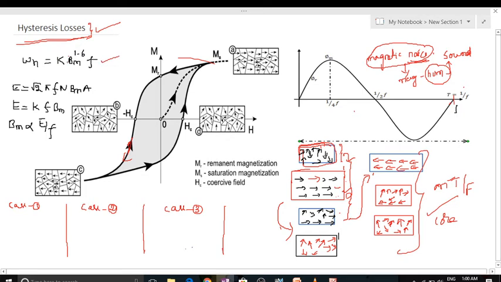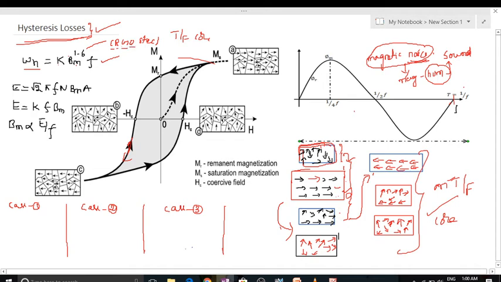The transformer hysteresis equation is WH equal to K into B max to the power 1.6. The 1.6 is for CRGO steel only. The transformer core is made with CRGO steel, cold rolled grain oriented steel.